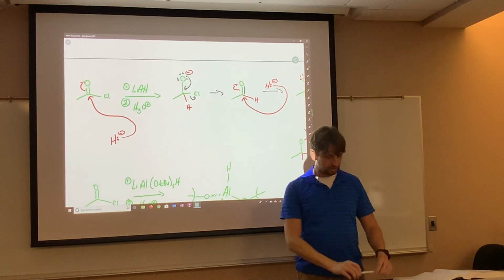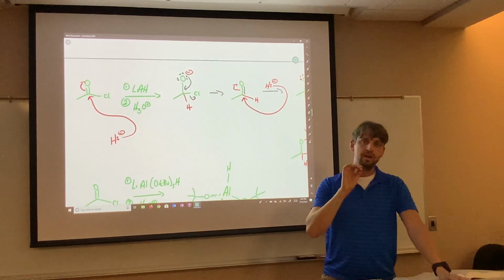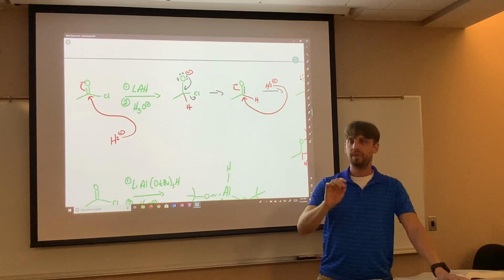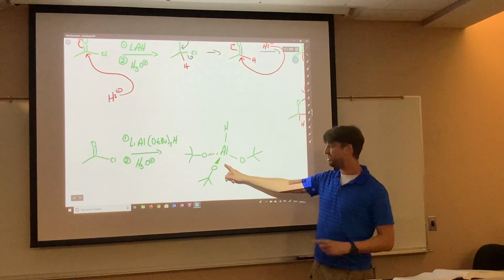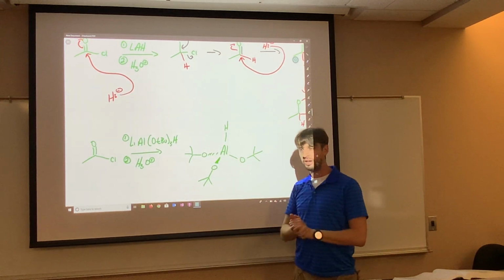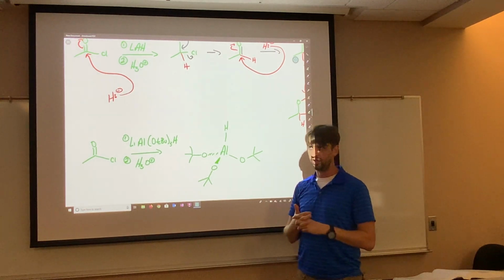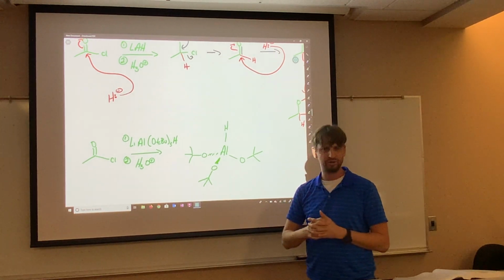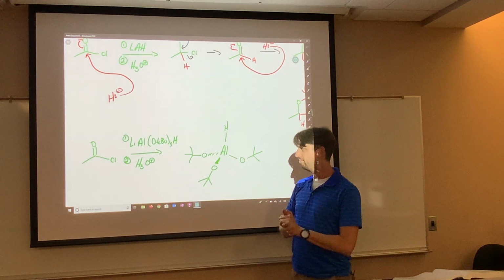Now, let me say a little bit of caveat. The book, and I know why they do it, I'm not saying the book is wrong. This reagent can still react with aldehydes. So something that's going on behind the scenes is if we wanted to do this reaction in the lab, we would have to do this at low temperature and really control how we do these things.